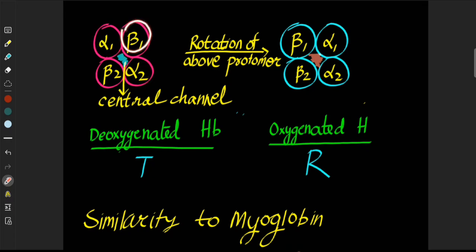This beta 1 and this beta 2 will also have a very weak interaction between one another, but this alpha 1 and beta 1, and beta 2 will have a nice interaction.